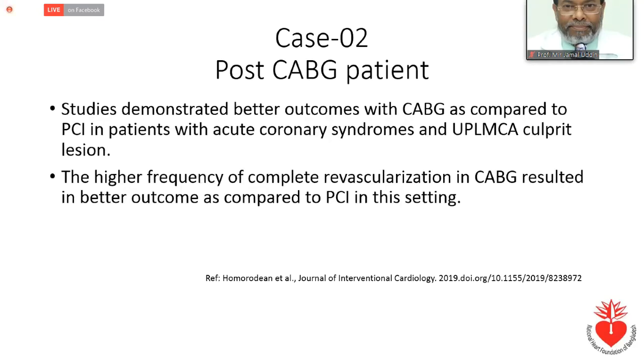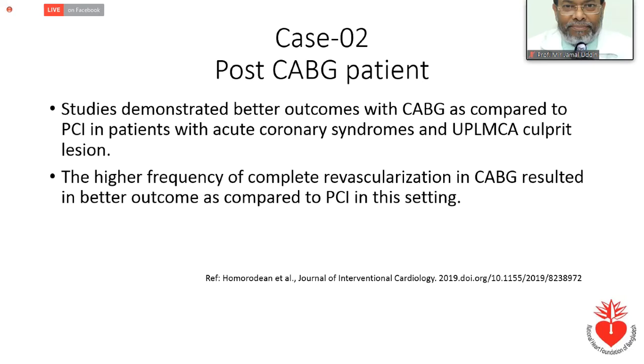Studies have also demonstrated better outcomes with CABG as compared to PCI in patients with acute coronary syndrome and unprotected left main coronary artery.